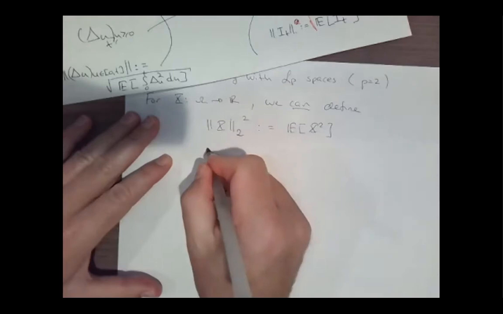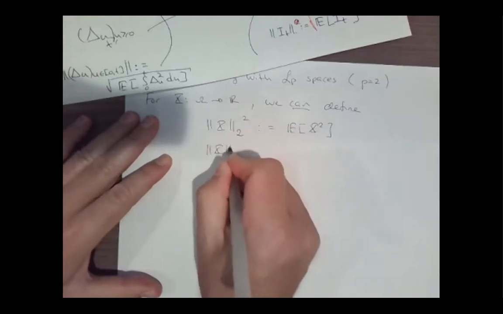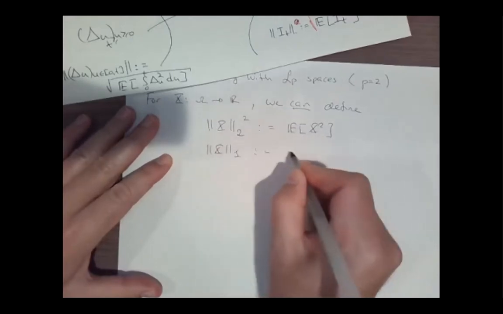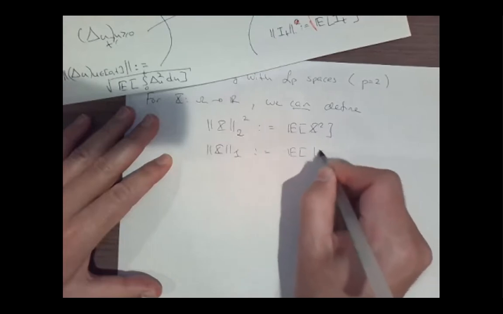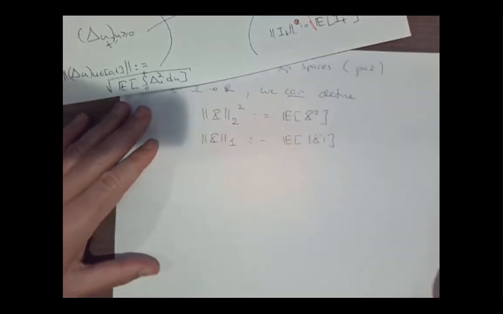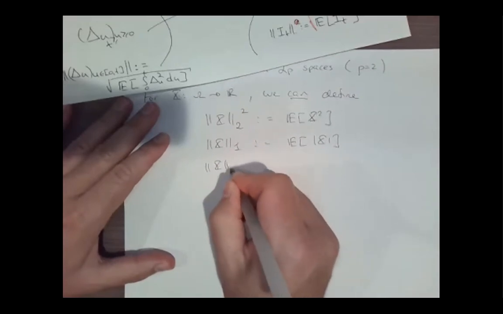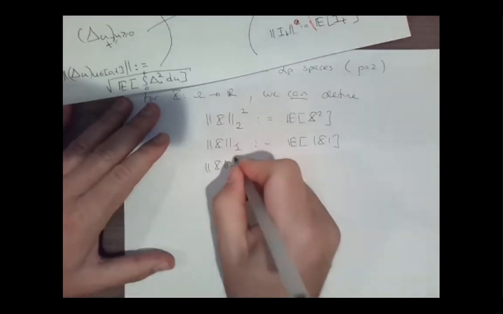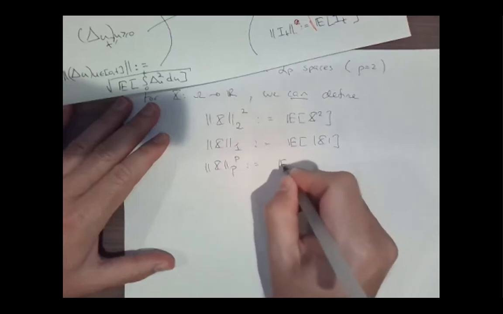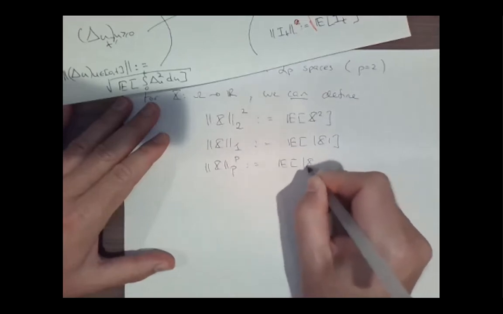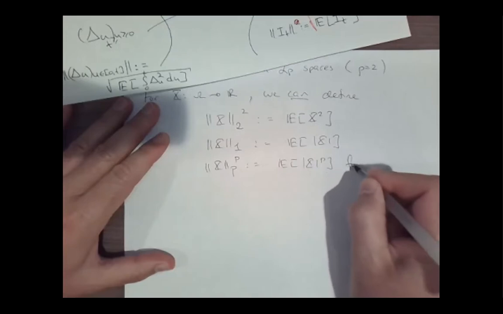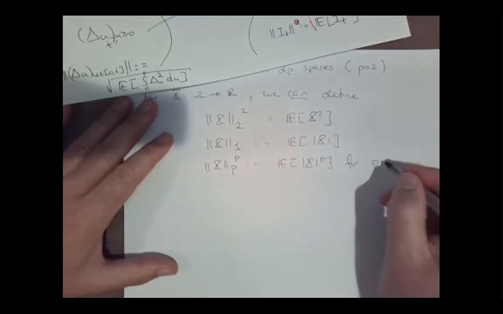Just like the 1 norm will be defined to be the expectation of x's absolute value. More generally, the p norm to the power p is the expectation of |x| to the power p, for p bigger than or equal to 1.